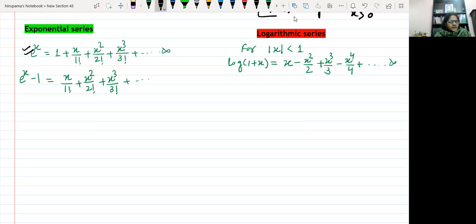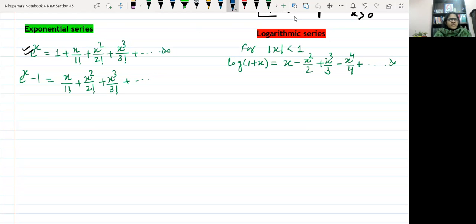As I said, it is an infinite series, it goes up to infinity. Now if I write e^x - 1, obviously it will be x/1! + x²/2! + x³/3! and so on.